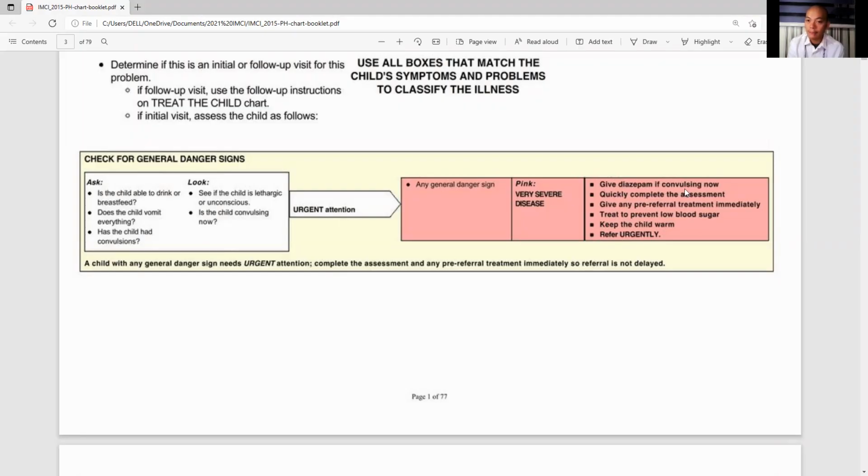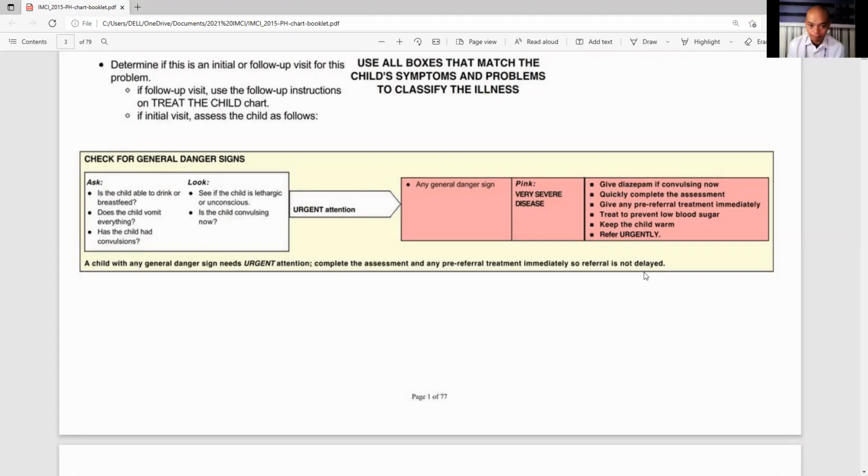Okay, what are the initial interventions? Give diazepam if convulsing now, quickly complete the assessment to prevent low blood sugar, keep the child warm, refer urgently. These are the interventions na gagawin natin. A child with any general danger sign needs urgent attention. Complete the assessment immediately, and any pre-referral treatment which is recommended in your IMCI, we try to do as quickly as possible so that referral is not delayed.